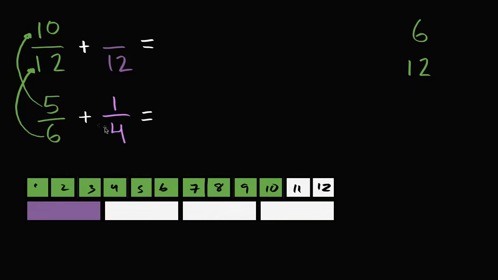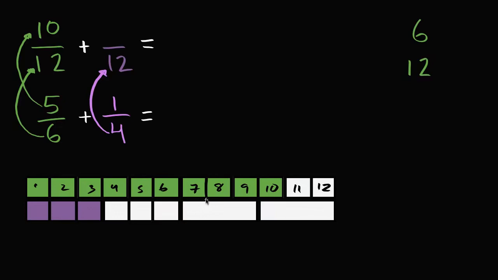So to turn it into something over 12, each section has to be turned into 3 sections. So let's do that. Let's turn each section into 3 sections. So that's 1, 2, and 3. So then I have 1, 2, and 3.